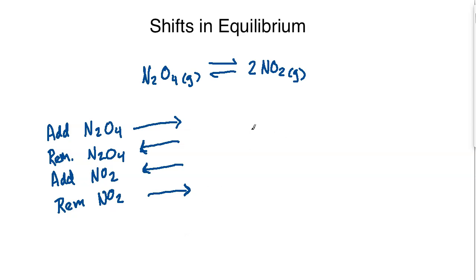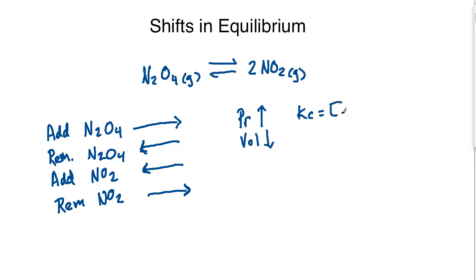All right, now I want you to consider what would happen in a situation where the pressure is going to increase and the volume is going to decrease. All right, so in order to consider this, I want to take a brief look at Kc here.